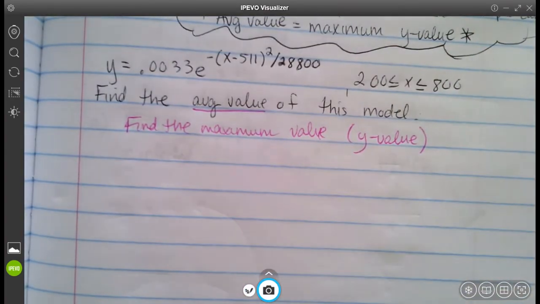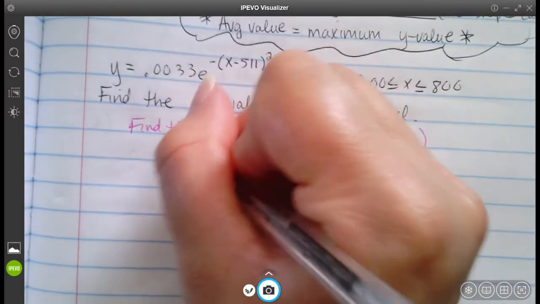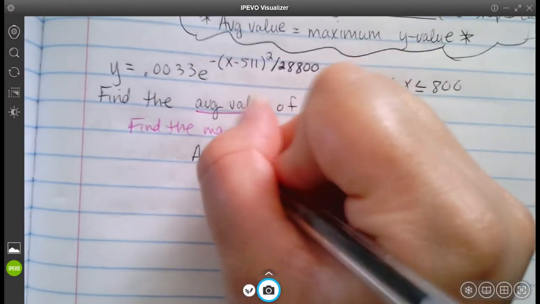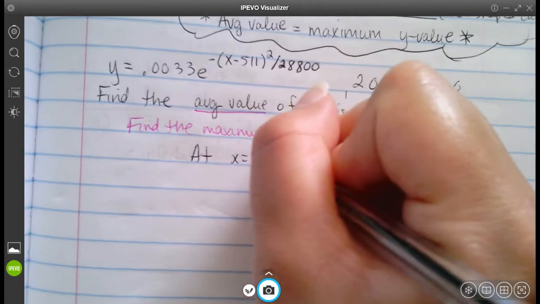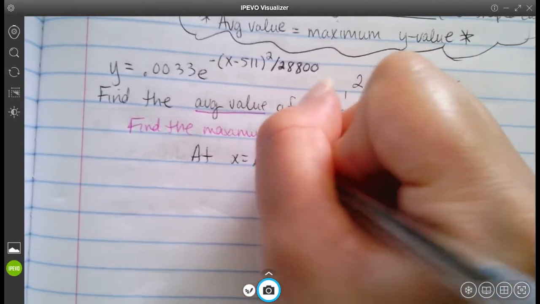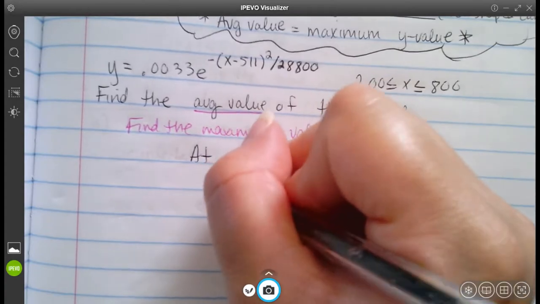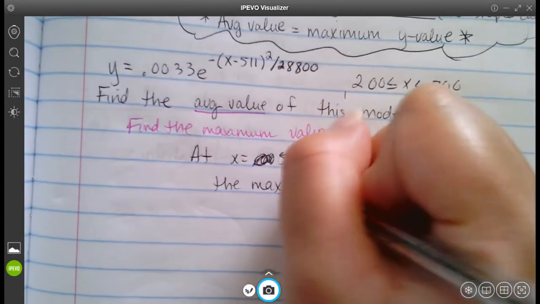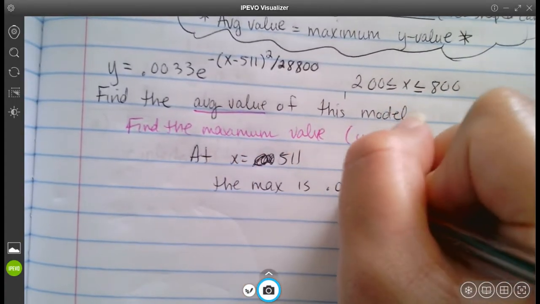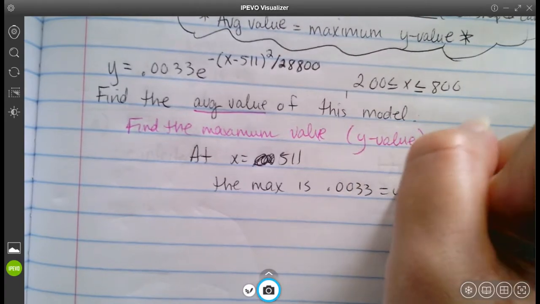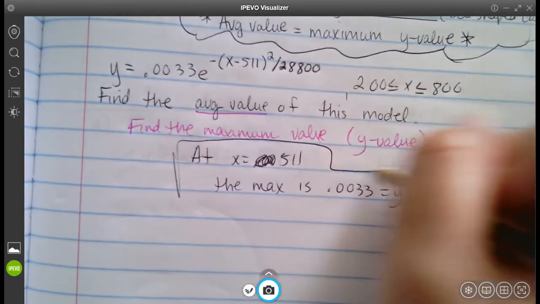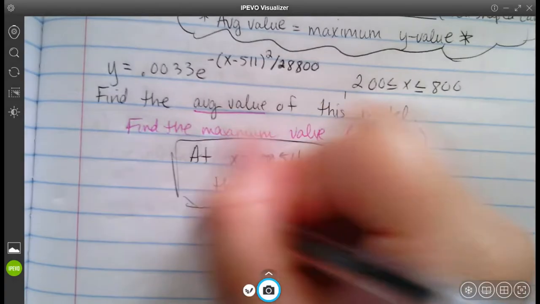So the maximum value would be at x equals 511, okay? The max is 0.0033, and that's the y. Really, this is the one that you want.